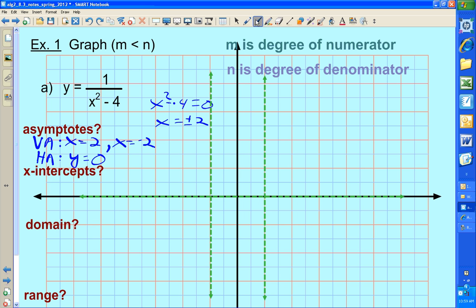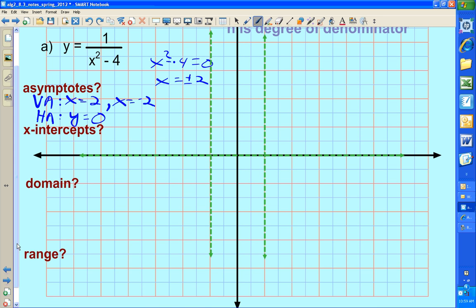I don't really care. But I'm going to make a T-chart in this region to the left. I'm going to make a T-chart for the region in the middle, in between the asymptotes, and I'm going to make a T-chart to the right. So my first T-chart is going to go right here, and it doesn't matter to me where you put it. I'm just putting it with the region.